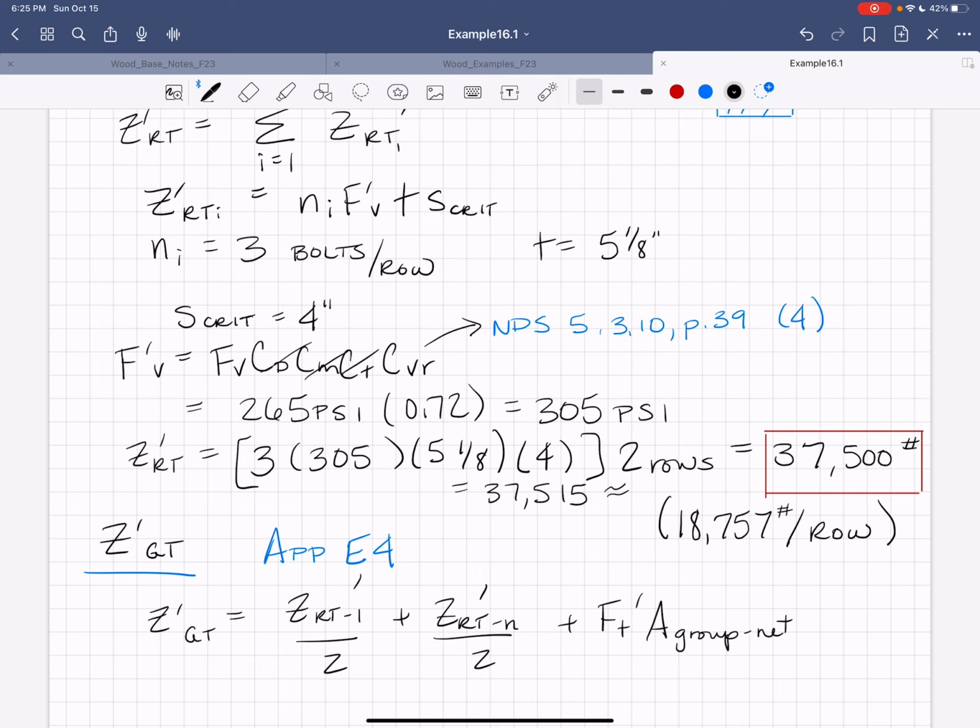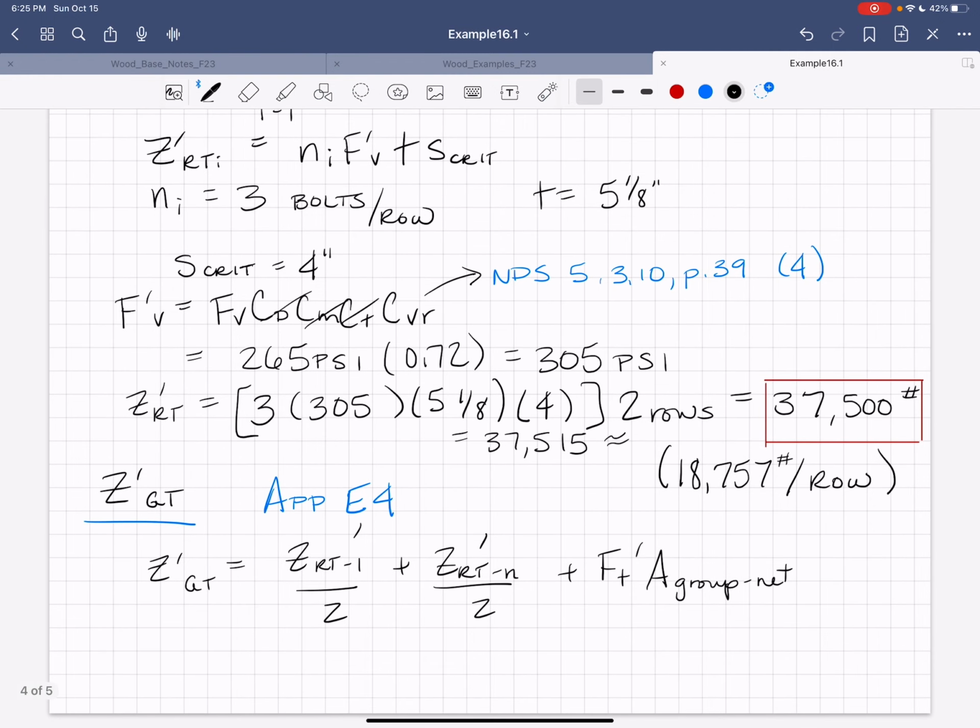I've done F prime sub B many times, so you do that same thing for this. And then the row tear out Z prime is going to be 3 bolts per row times the F prime sub B, the width of 5 1/8 inch, and then the 4 as the critical spacing, and then there's 2 rows.